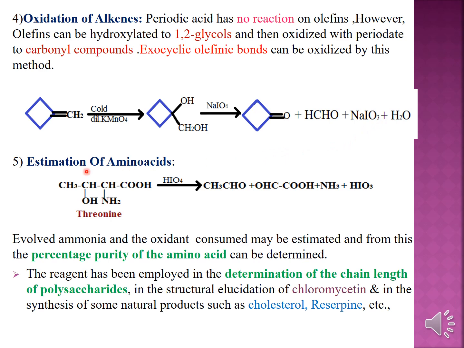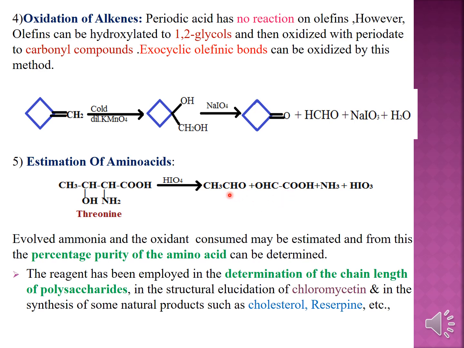Moving on to the estimation of the amino acids. If we are taking an amino acid that has a hydroxyl group adjacent to the amino group, in presence of periodic acid it will get converted into the aldehyde group.